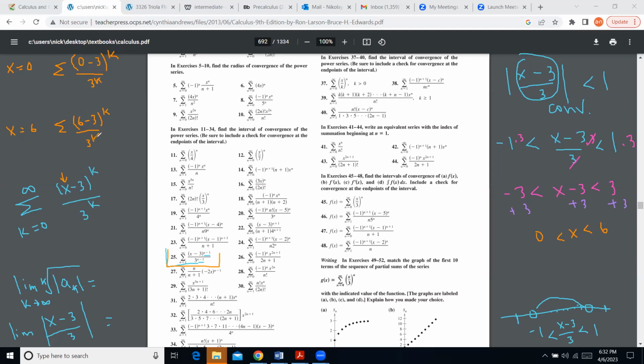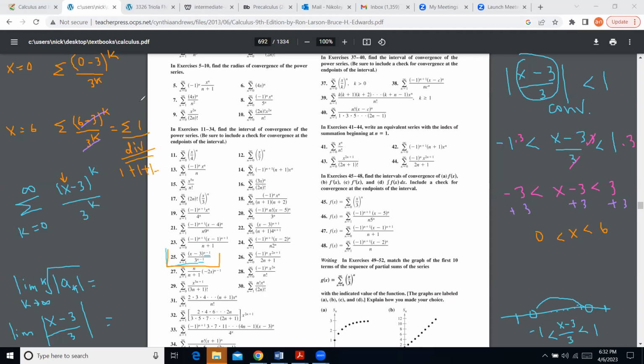Please notice that in the second series, everything is going to cancel, and that makes me happy. I just love to cancel. But what's going to be left? Well, sum of ones. Like 1 plus 1 plus 1 plus 1, dot, dot, dot. It's a divergent series. The nth term is 1, not approaching 0.